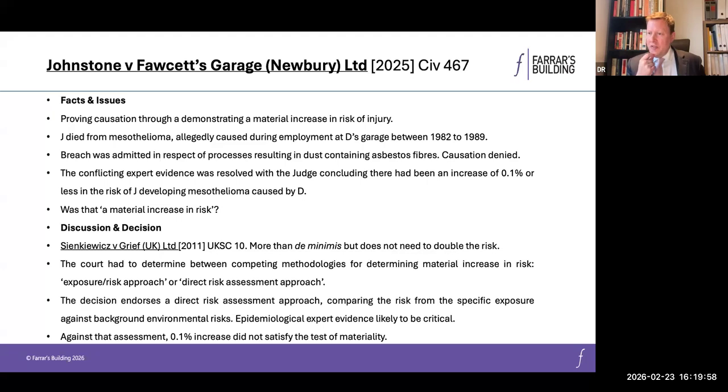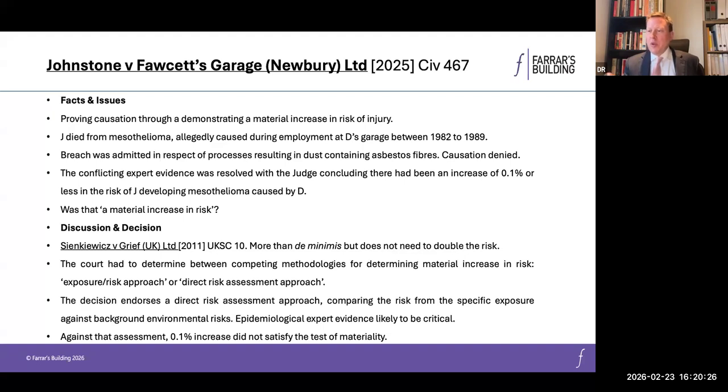And the decision effectively establishes that a host of expert evidence, epidemiological evidence in particular, is likely to be very necessary in mesothelioma cases. Caution about the case, though, it is expressly stated in the judgment that it's not validating that the direct risk assessment approach is going to be generally across all cases the valid and appropriate method.